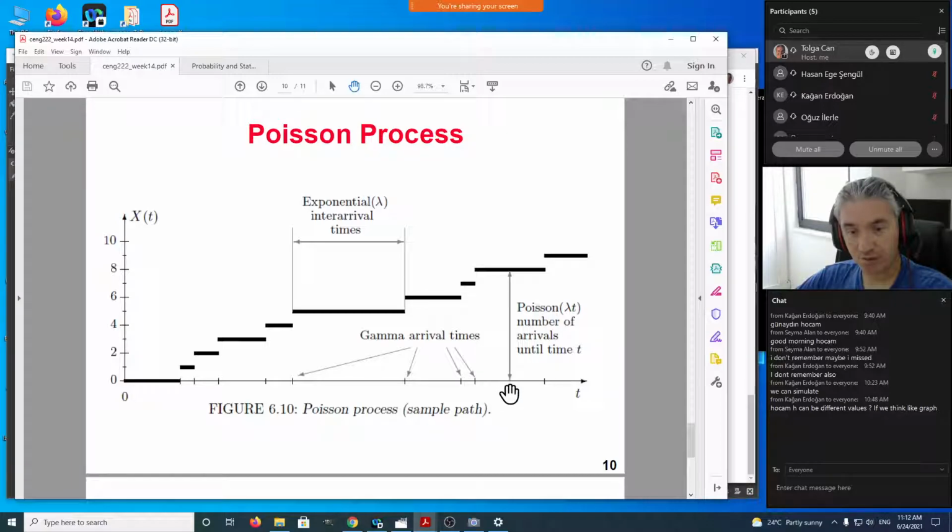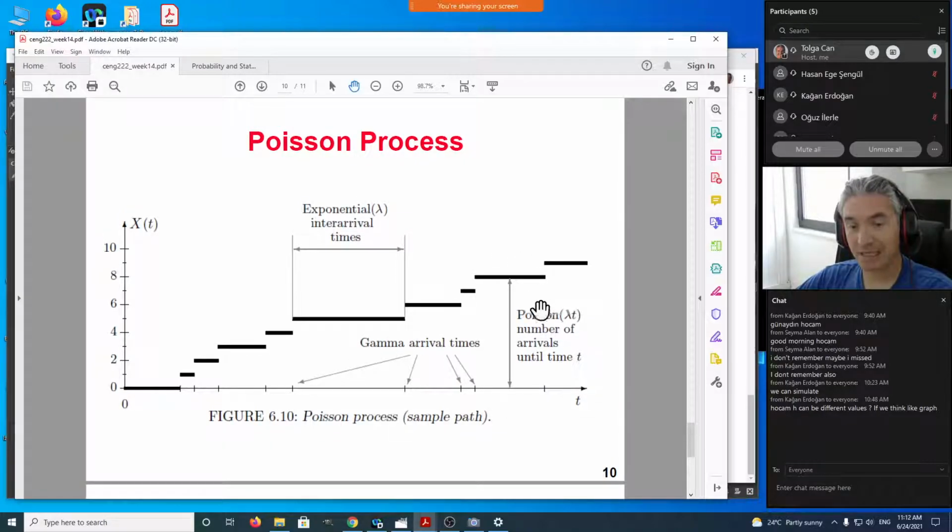Because if the arrival rate is lambda units per unit of time, and t units of time pass, and you're asking how xt looks in t units of time, it becomes a Poisson variable with lambda t. Just like when we solve Poisson-related examples: if somebody gives you the arrival rate every week, say it rains on average 2 times a week, and asks what is the probability to have more than 5 rainy days in 3 weeks, we model it with a Poisson of 2 times 3.